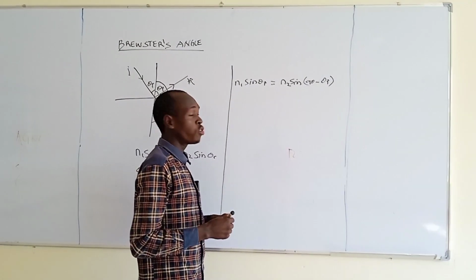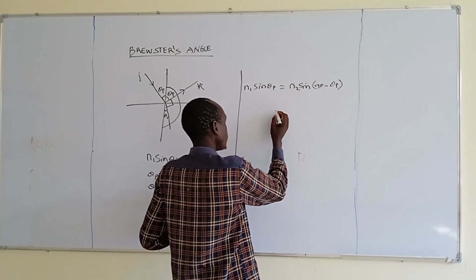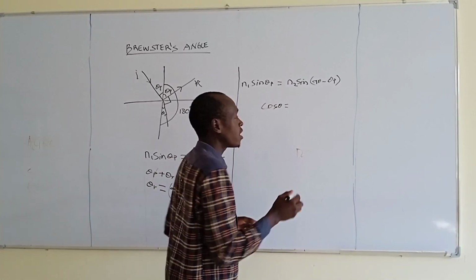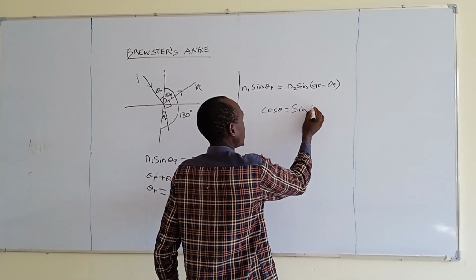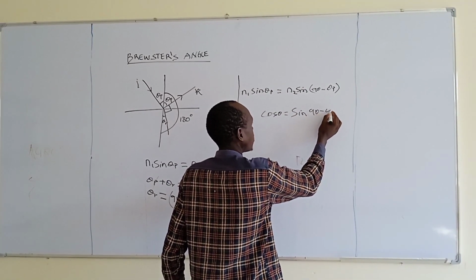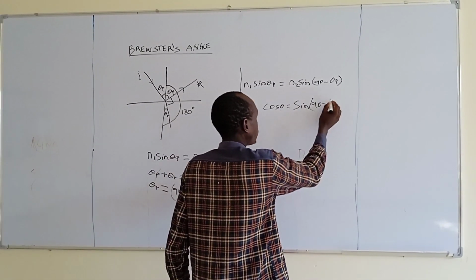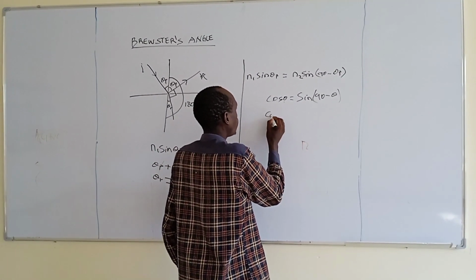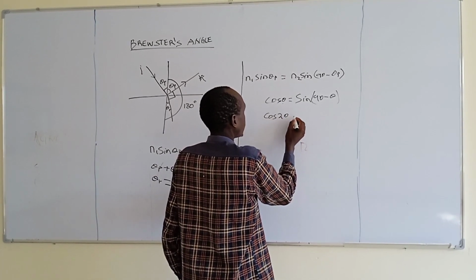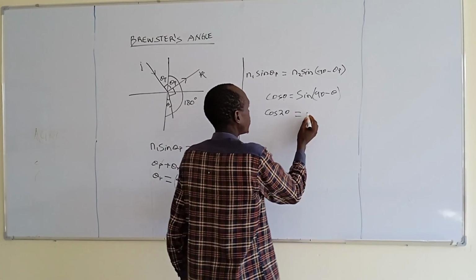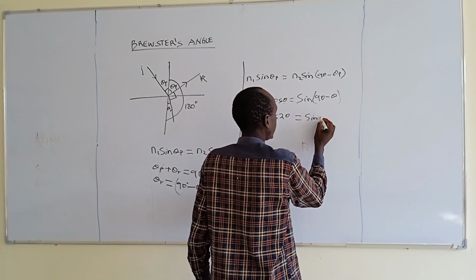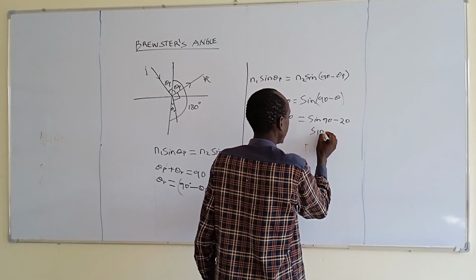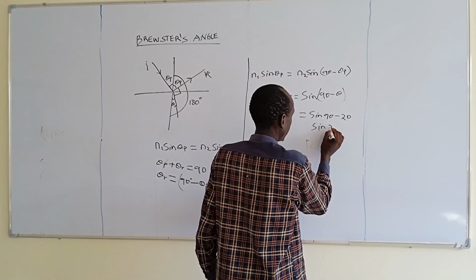And from trigonometry, we know that cos theta can be given as sine of 90 degrees minus theta. So this is from trigonometry. You can confirm from your calculator: when we want to find cos 20 using sine, we do sine of 90 minus 20, so that we get sine 70.